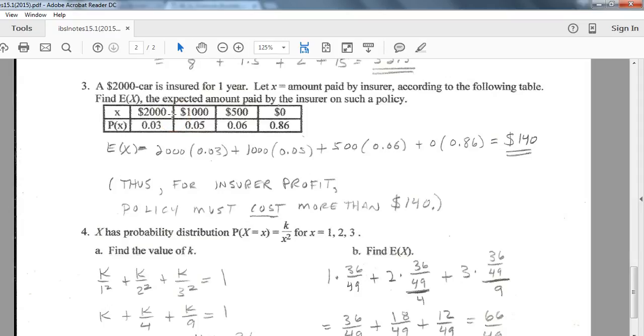So if you did n times p on this one, plus np, plus np, plus np, they're coming out with $140. So the insurance company would say, this is what we expect. This is the expected frequency, or the mean payout. If they're expecting to pay out $140, they have to make sure they're charging you more than that in order to make a profit.